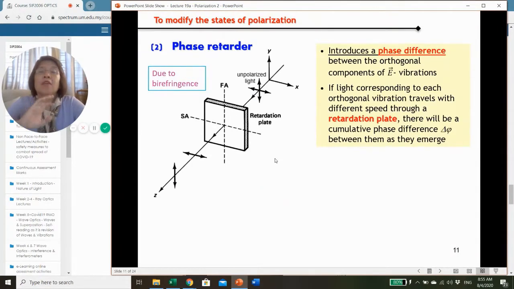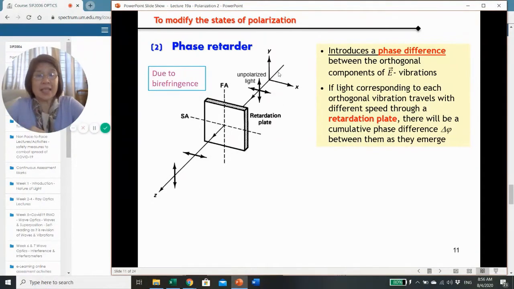Now, the second one is the phase retarder. The property of the material that produces phase retardation is birefringence. So this material actually has 2 refractive indices. We'll explain in detail in another lecture.